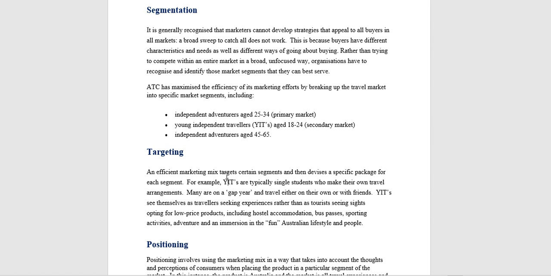So YITs see themselves as travelers seeking experience rather than as tourists seeing sites, opting for lower priced products including hostel accommodation, bus passes, sporting activities, and etc. They will mostly visit the Australian market just for having fun with their friends. That's all. So what the Australian Tourist Commission will do, they will use a separate marketing mix for young independent travelers.